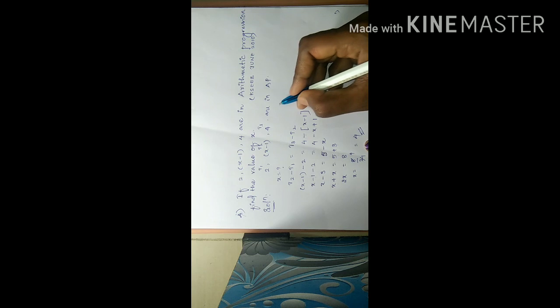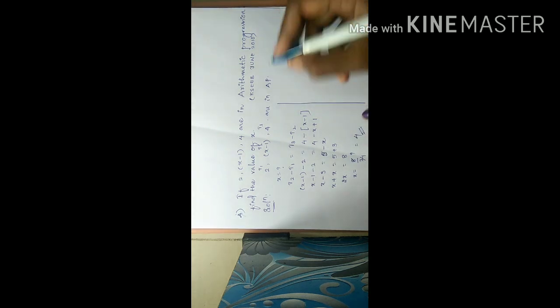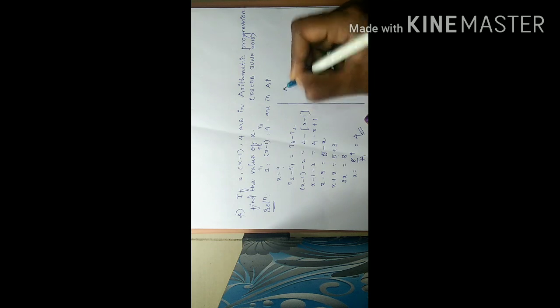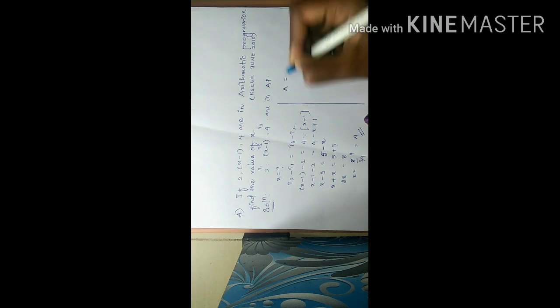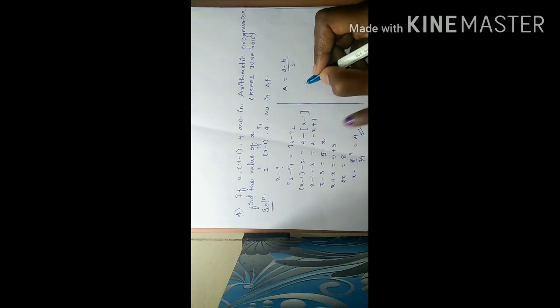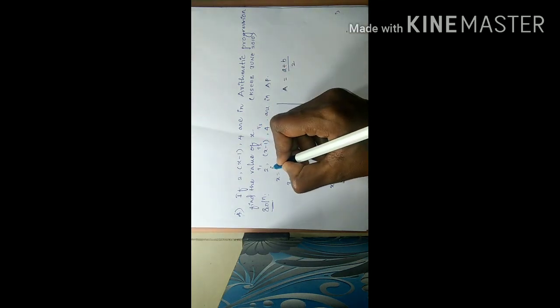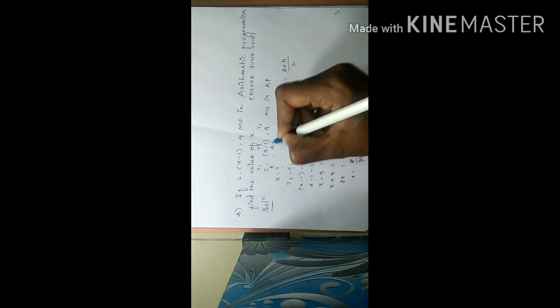So in another way also we can solve this problem. If you know the formula to find the arithmetic mean, that is A is equal to (a plus b) by 2. So here this is small a, this is capital A, and this is small b.